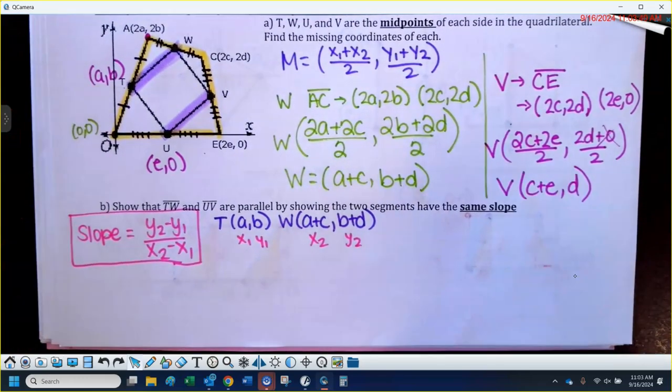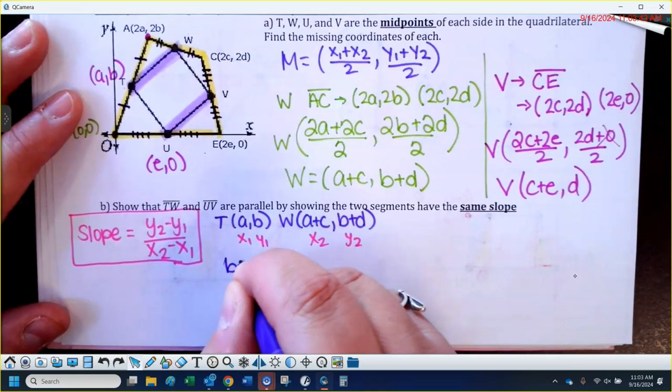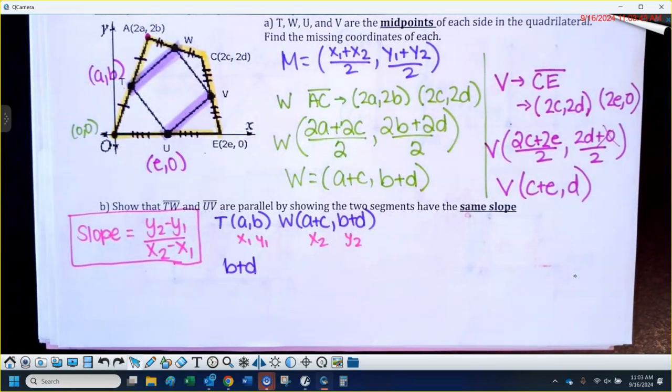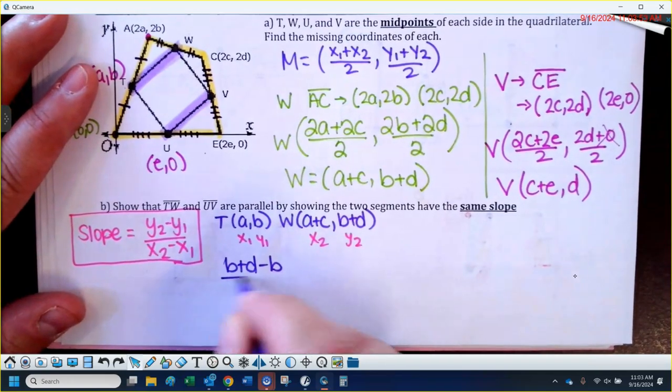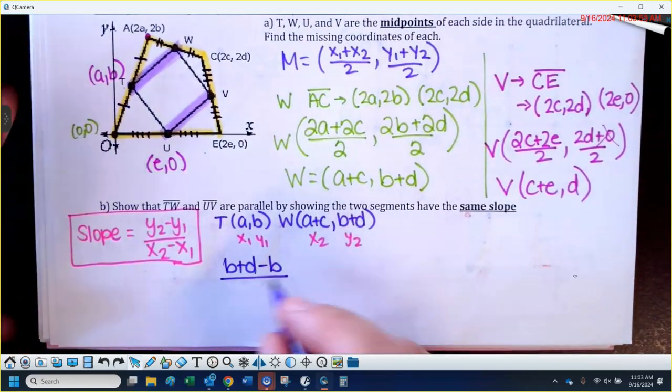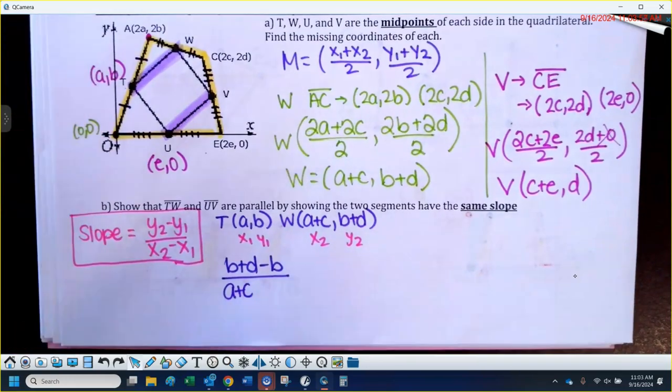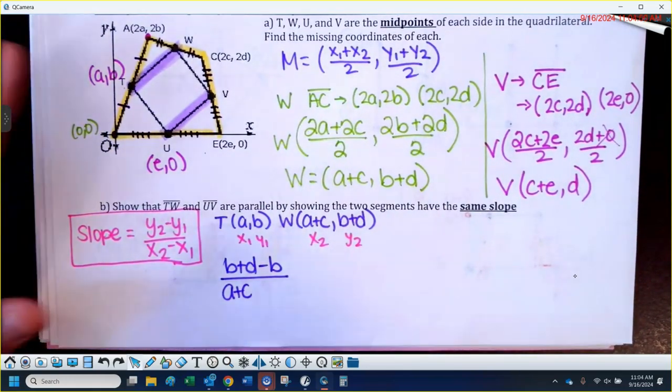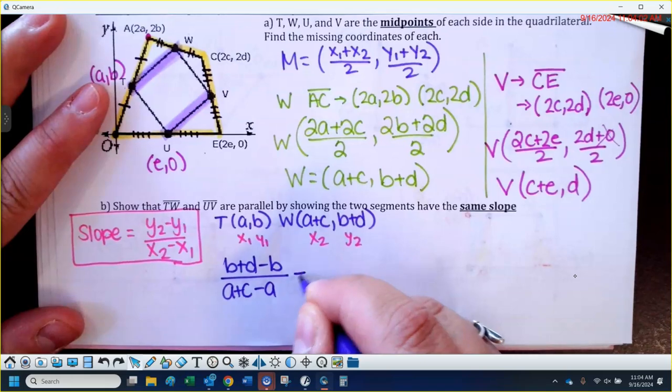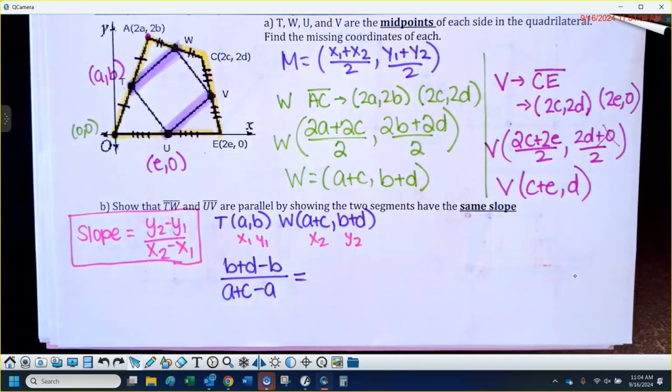So the y coordinate in the second point that I wrote down was the sum of B plus D, and I'm going to subtract the y coordinate in the first point I wrote down, which was just B. The whole thing is over the x coordinate in the second point, which is A plus C, minus the x coordinate in the first point, which was A. Okay, see if you guys notice this.